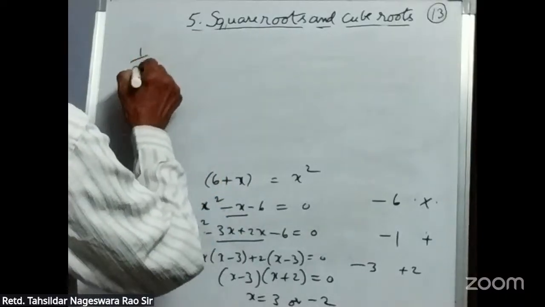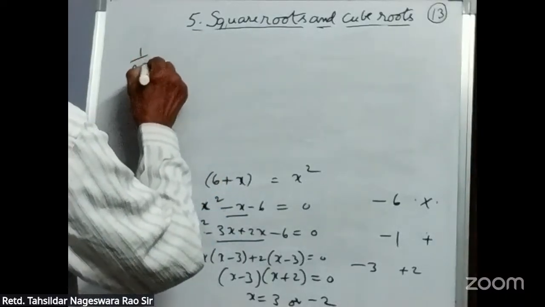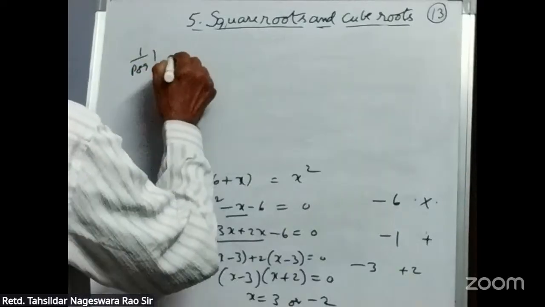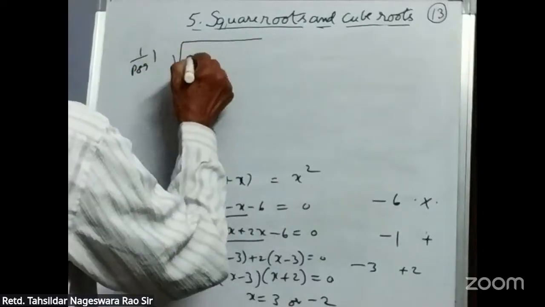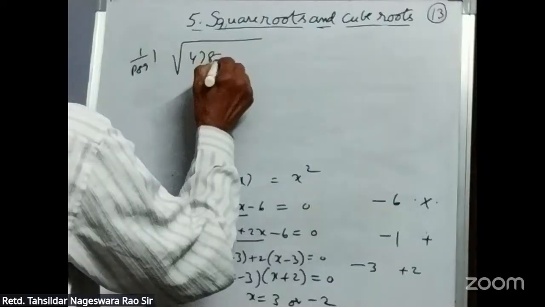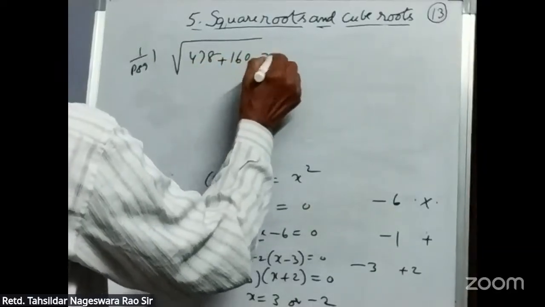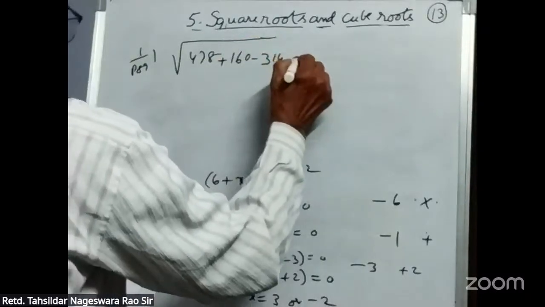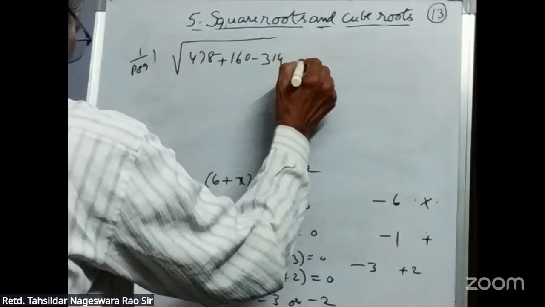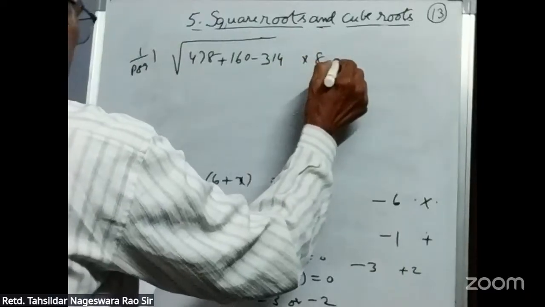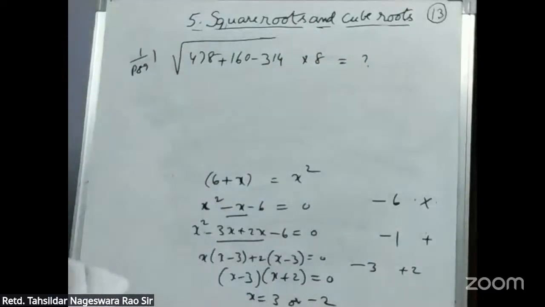First question. Root of 478 plus 160 minus 314 into 8. How much?